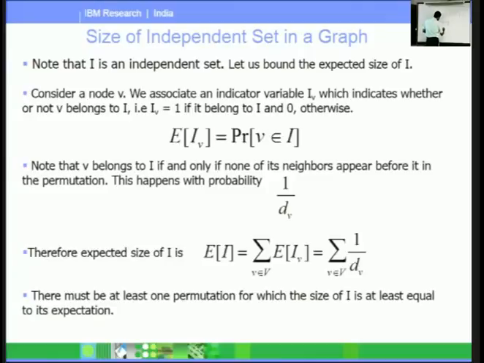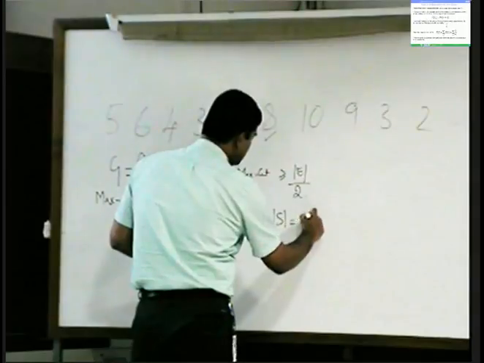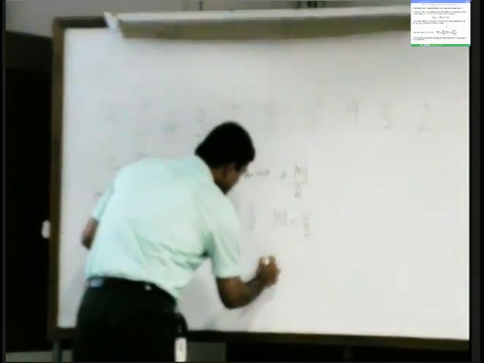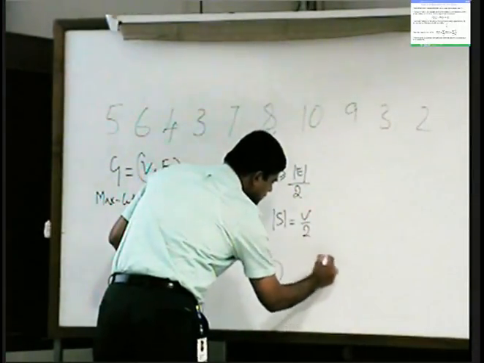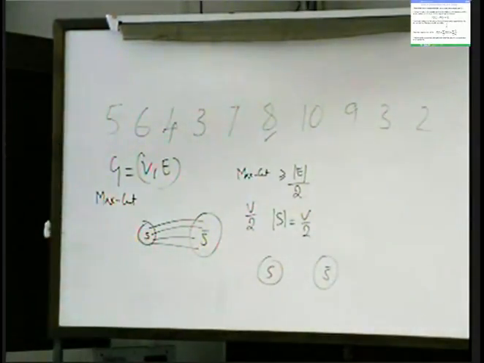Let's say that S is such that its size is V by 2. I'll put S here, I'll put S bar here. What can you tell me about what edges appear in this? Now look at every edge in the graph, and what can you tell about whether it is going to be part of the max cut or not?